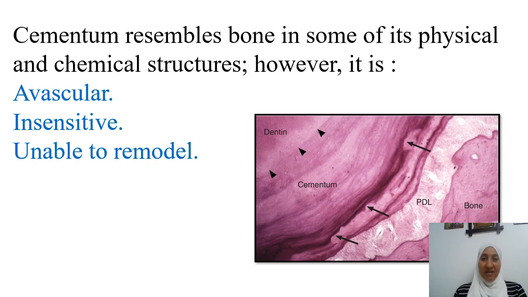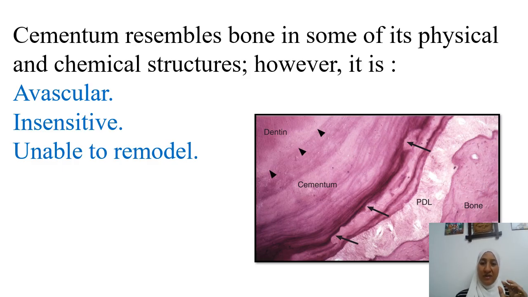Cementum is insensitive. There are no nerve endings or nerve bundles in the cementum, but in bone we have multiple nerves and blood supply. As cementum is deprived of vasculature and innervation, it loses the ability to remodel.